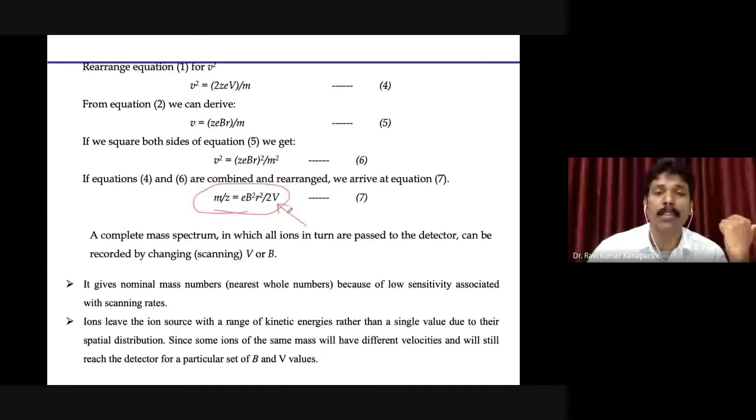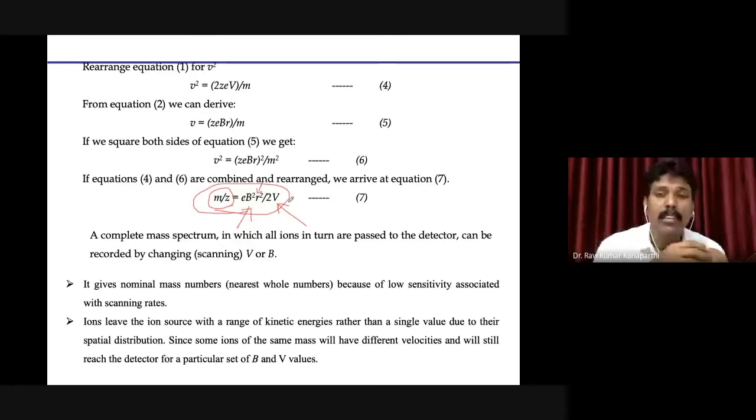Suppose you keep both B and V constant; then r changes as per the m by z value, right? That is exactly what is done in the spectrometer: the static magnetic field and the accelerating voltage are both kept constant, so that at a given instant a fragmented ion of a particular m by z value will come out and reach the detector.